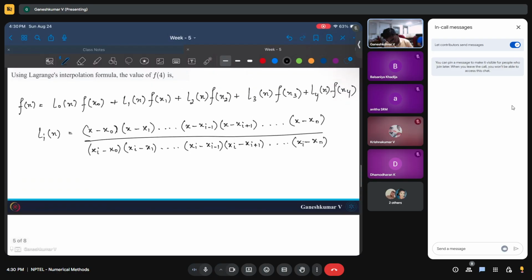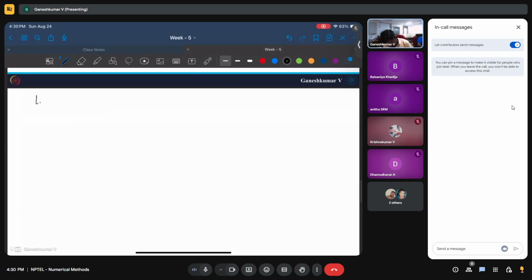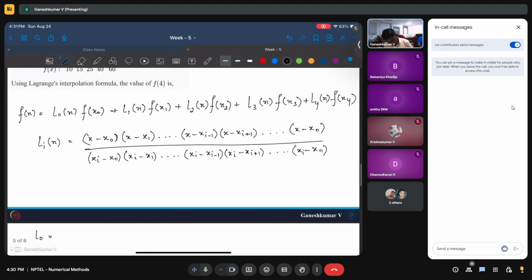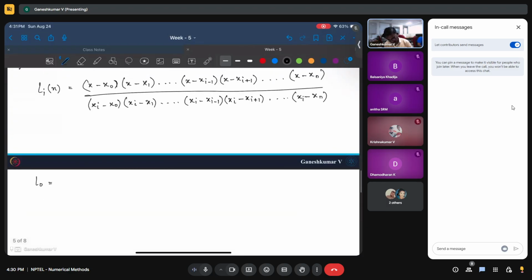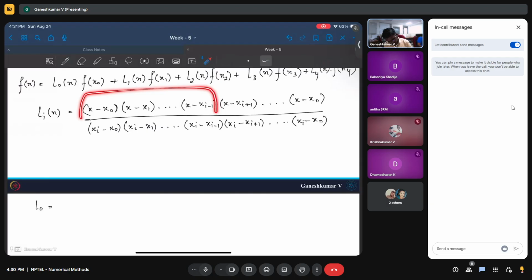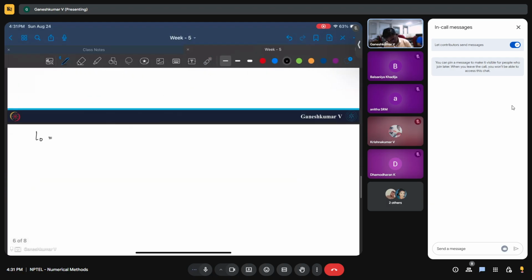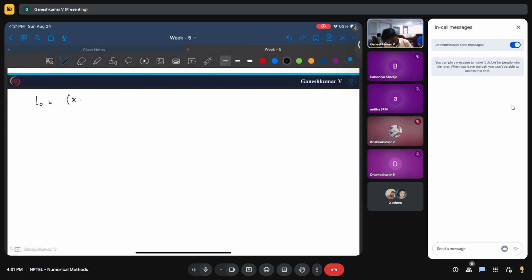For this problem we can write L naught. Since you have 5 data points, you will have 4 terms in the numerator and denominator. L naught is going to be x minus x1, x minus x2, x minus x3, x minus x4 (x minus x naught will not be there), divided by x naught minus x1, x naught minus x2, x naught minus x3, x naught minus x4.